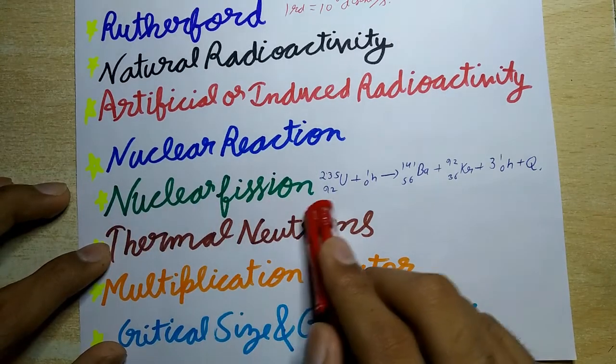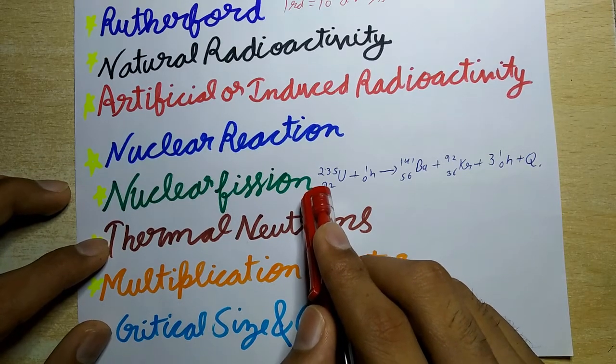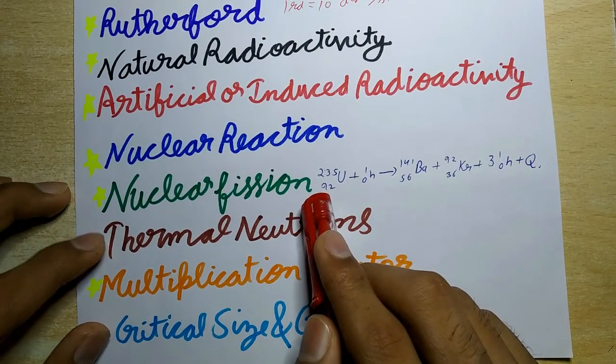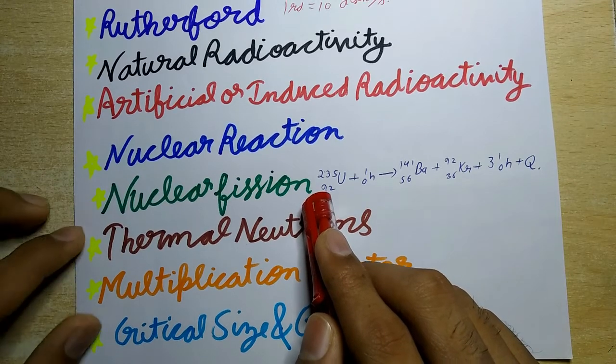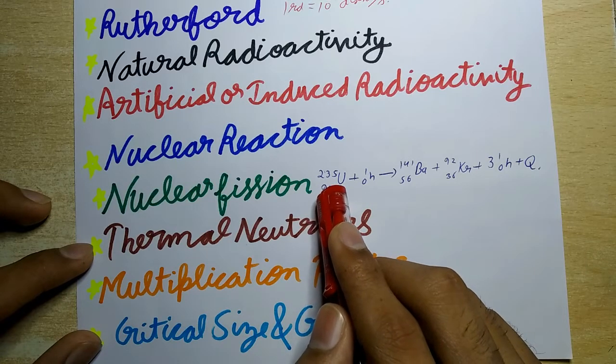Now next is nuclear fission. It is the process in which a heavy nucleus of atomic mass greater than 230, when excited, gets split up into two smaller nuclei of nearly comparable masses.